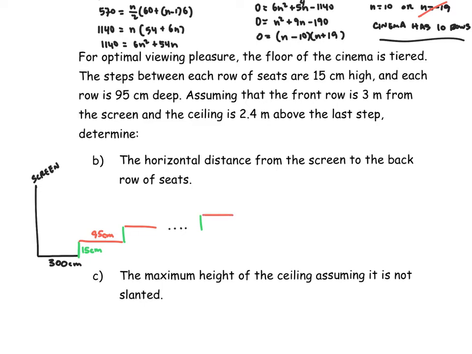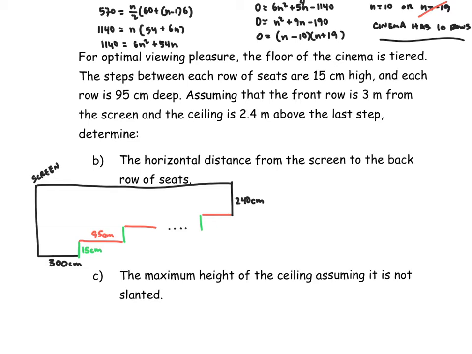And we're told that the back of the cinema, provided that the cinema's ceiling is parallel to the ground, it's not slanted at all, is 2.4 meters above the last step. So that would mean this would be 240 centimeters.